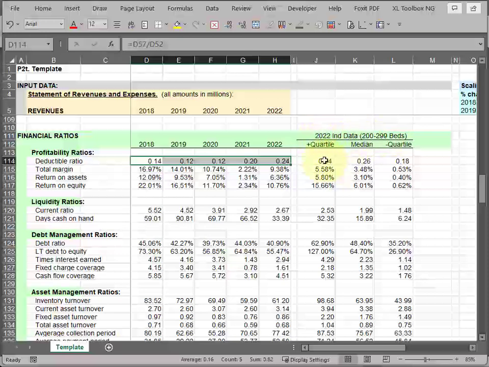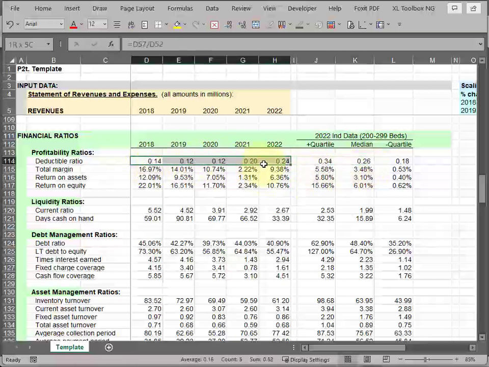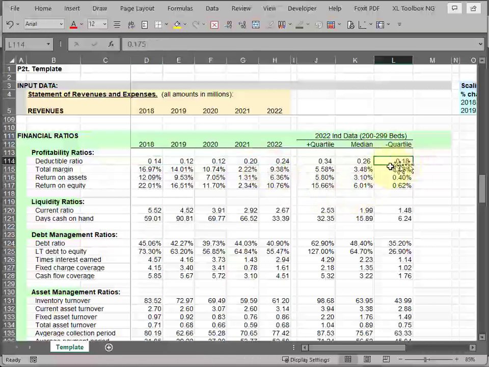You can see the median value is 0.26. In other words, the midpoint of hospitals is 0.26, meaning they're writing off 26% of what they bill. So we've historically been under that. Are we among the super performers who are only writing off 18? No, we're not, but we are certainly below average, which is a good thing or a bad thing, but it's a thing.